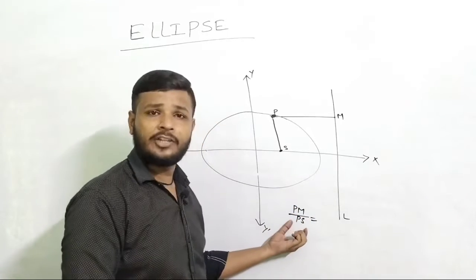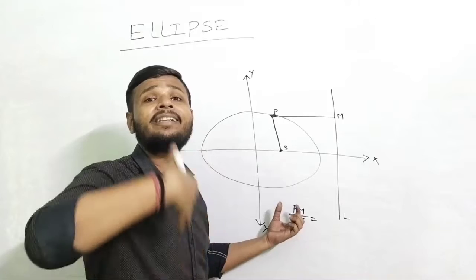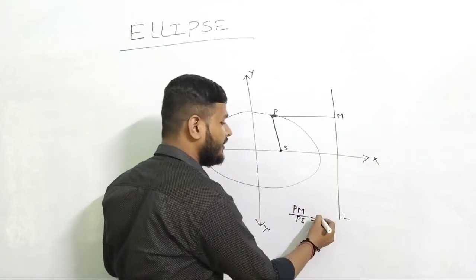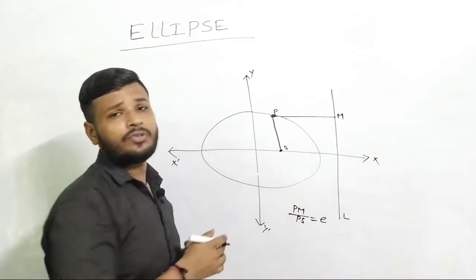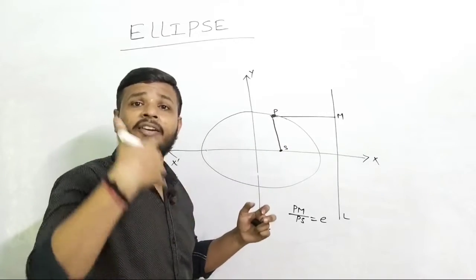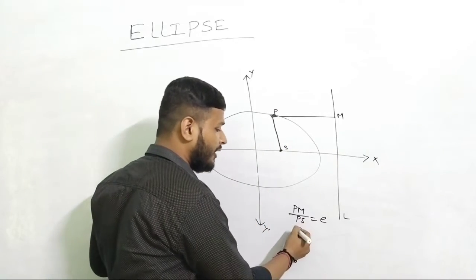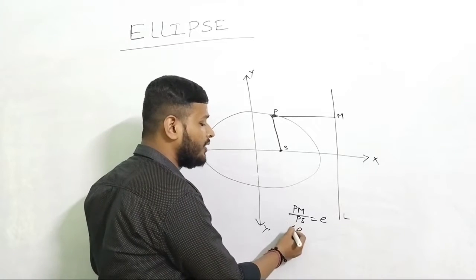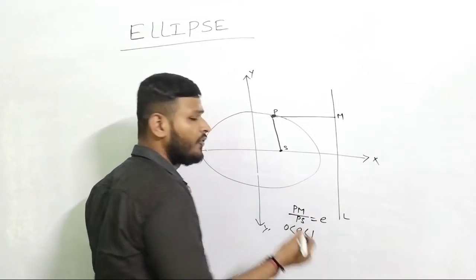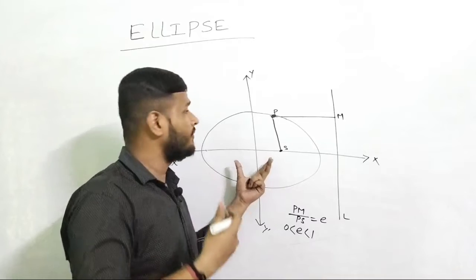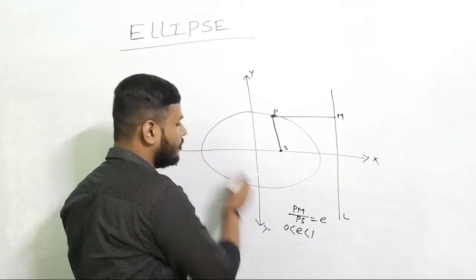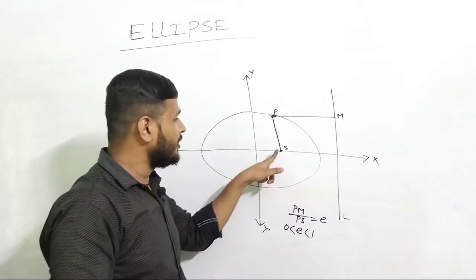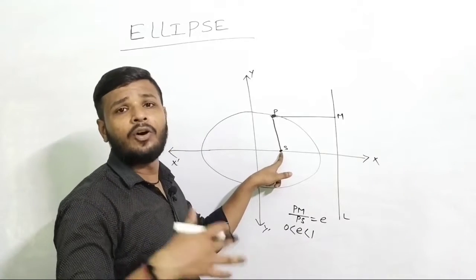This constant ratio is known as eccentricity. Eccentricity is denoted by e. In case of an ellipse, the value of eccentricity e lies between 0 and 1.